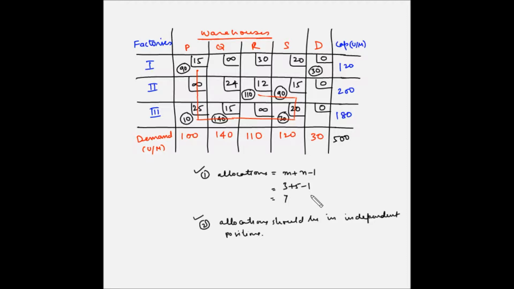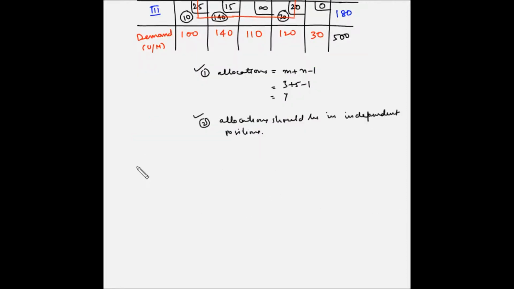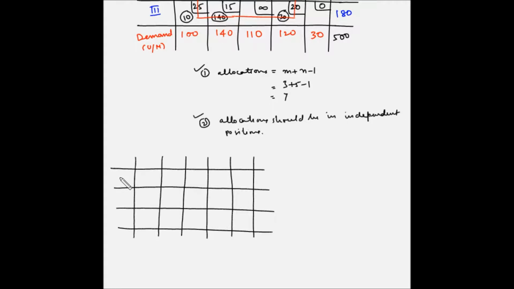So the first step in the modified distribution method is to set up a cost matrix containing the unit costs associated with the cells for which allocations have been made. So let's create that table. So on the left hand side we have the factories. So 1, 2, 3, and on the top we have the warehouses.